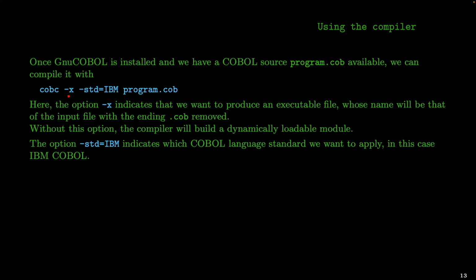If we would leave out this -x, then the compiler would actually build a dynamically loadable module, so a library, if you like. And this parameter here specifies that we want to use the IBM language standard. So alternatively, you could use something like COBOL 85 or Visual COBOL or something like that, and then compile this program after different language standards. If you leave it out, it would use the default standard, which is GnuCOBOL's own language.